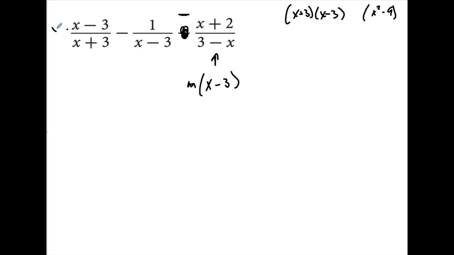So I'm going to multiply this one by x minus 3, this one times x plus 3, and this one times x plus 3. So here I get x squared minus 6x plus 9 over x squared minus 9. I'll leave it as x plus 3, x minus 3.